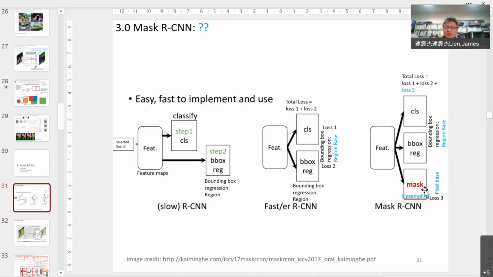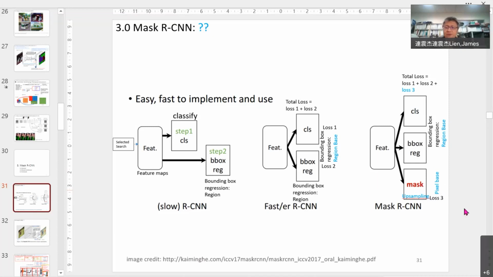The mask is a kind of segmentation, segmenting foreground or background. So it's pixel-wise. When you make the ground truth, for each pixel you need to label it as either a foreground or background pixel. So the mask is pixel-wise segmentation, pixel-wise classification.